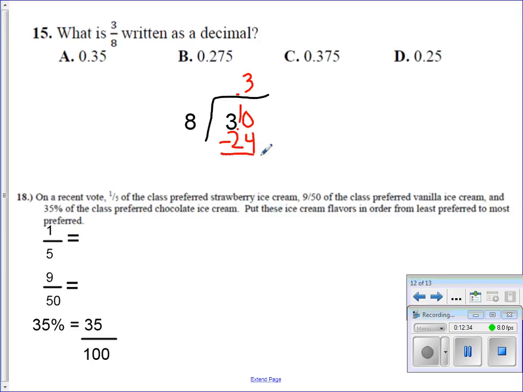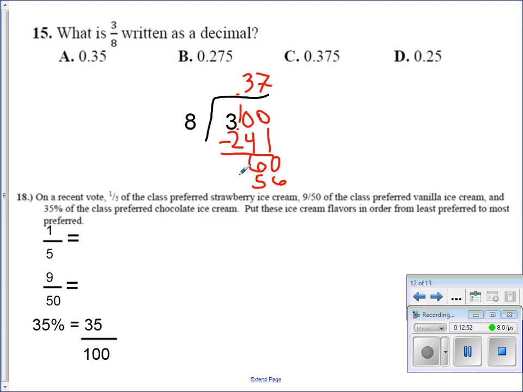When I subtract, I have a remainder of 6. Add another 0. 8 goes into 60. Think about it. How many times does 8 go into 60? 7 times, because 7 times 8 is 56.